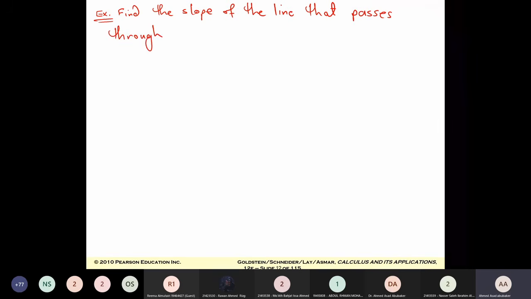Find the slope of the line that passes through the points.